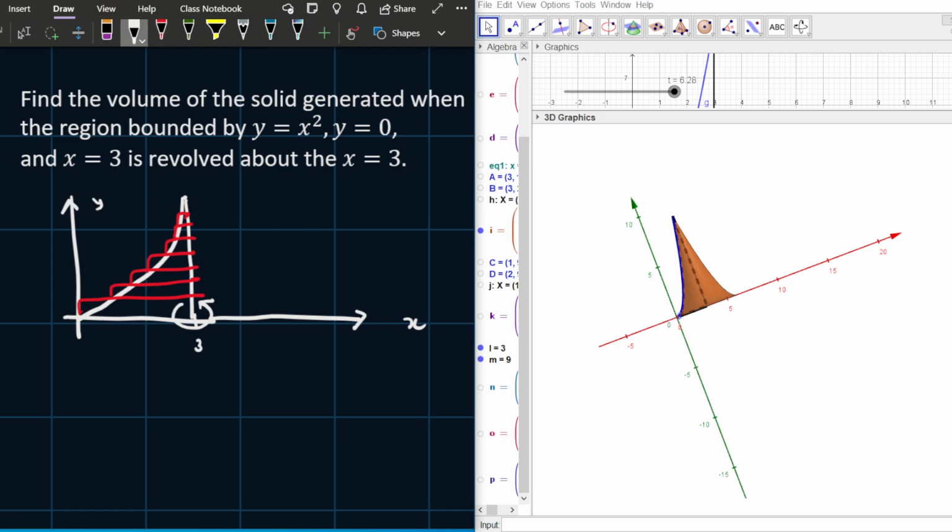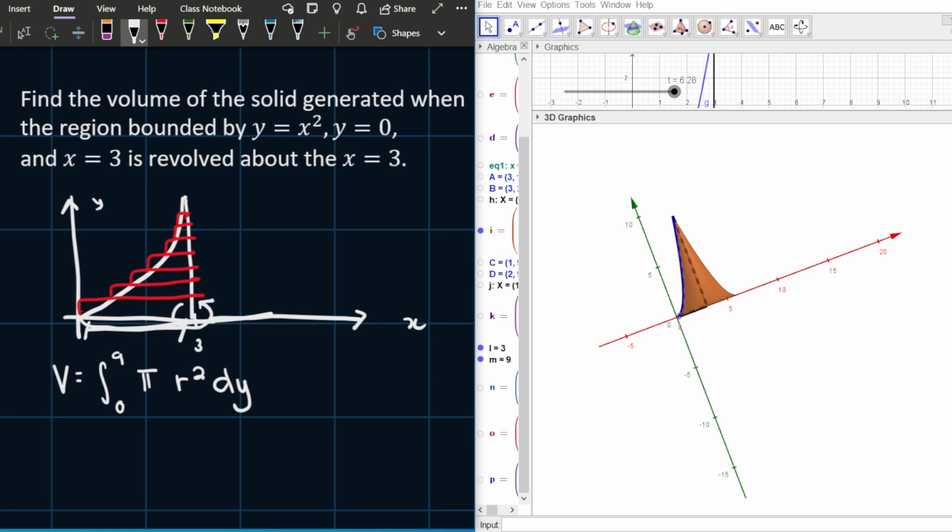So, since horizontal rectangles yan, ang ating basis ngayon is yung limits natin ay nasa y-axis. So, this would be from 0 to 9 pi times kung ano man yung radius natin, dy. Okay? Again, since horizontal na yung rectangular strips na ginamit natin, yung integral natin will be over the y-axis. So now, we need to find a way to write the radius in terms of y.